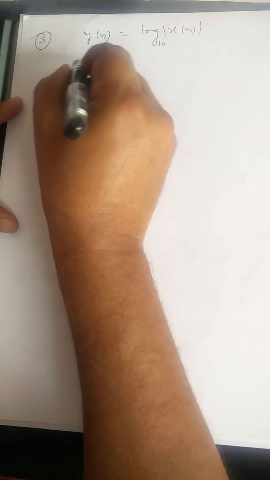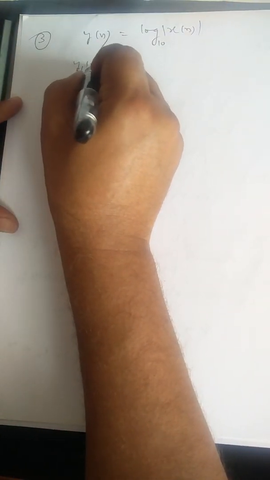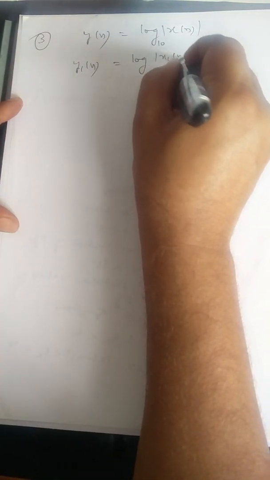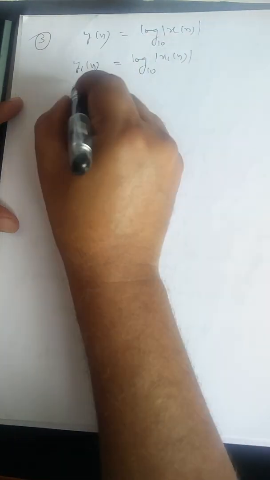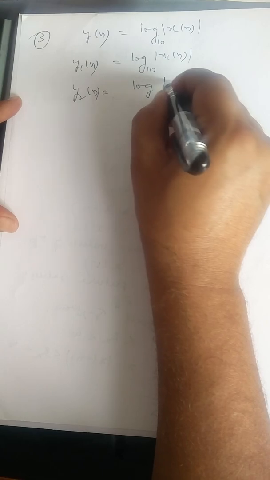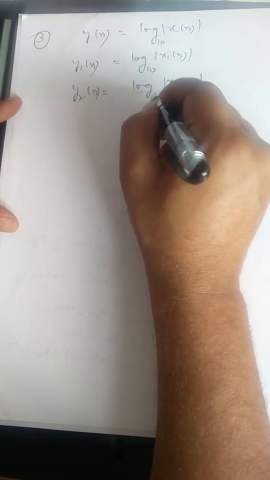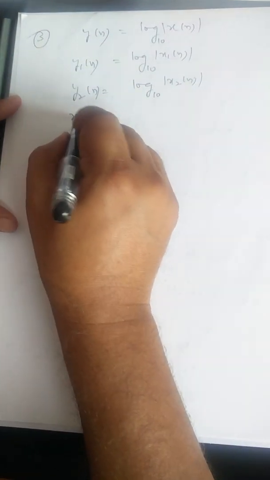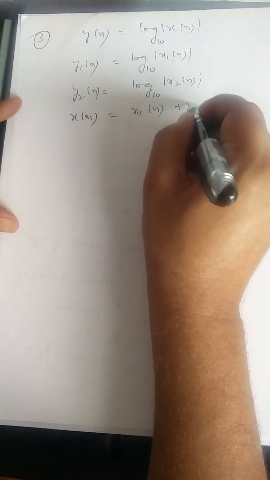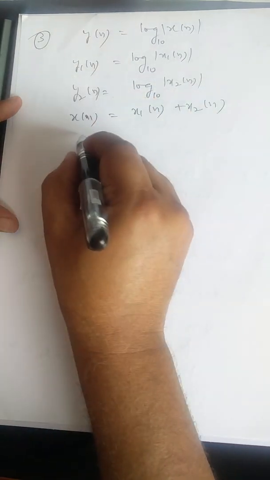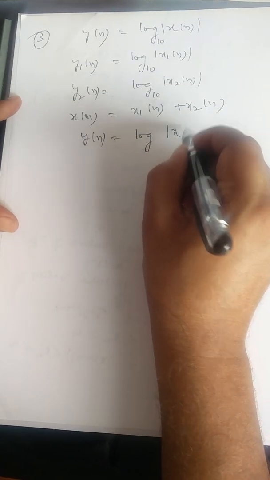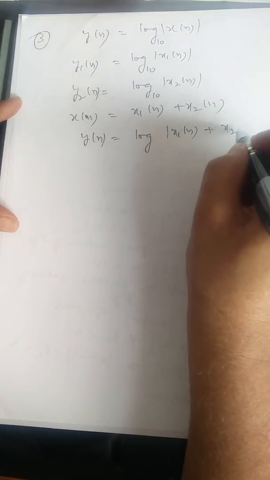Here, to check for the linearity, y1 of n is equal to log of modulus of x1 of n to the base 10, and y2 of n is equal to log of modulus of x2 of n to the base 10. Then replace x of n by x1 of n plus x2 of n. That is, y of n is equal to log of modulus of x1 of n plus x2 of n.